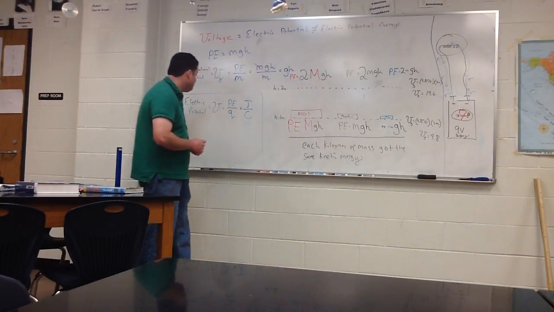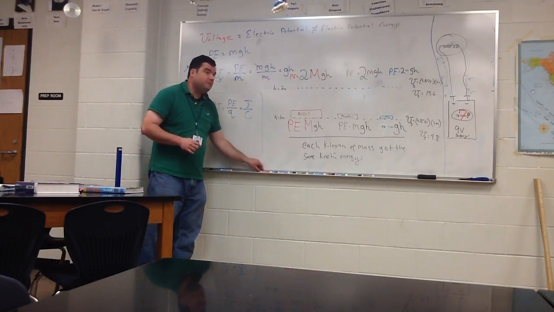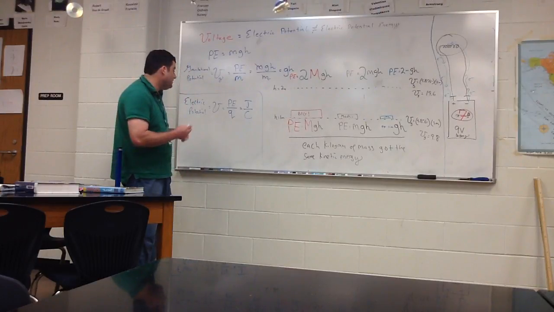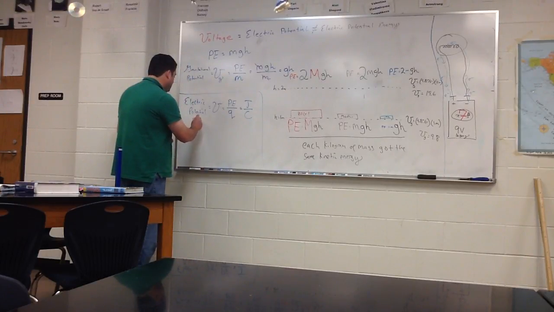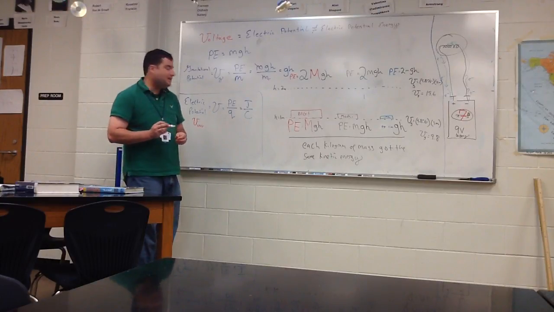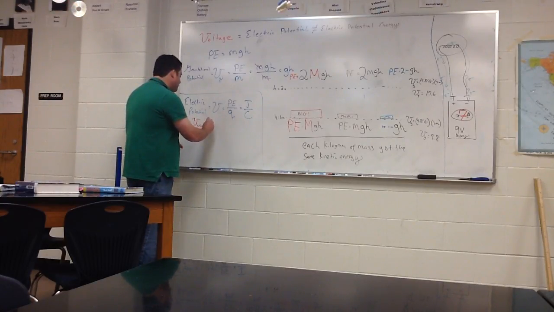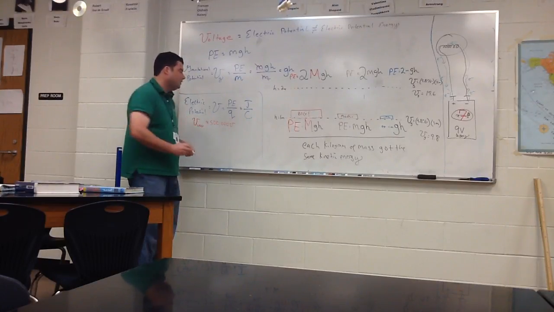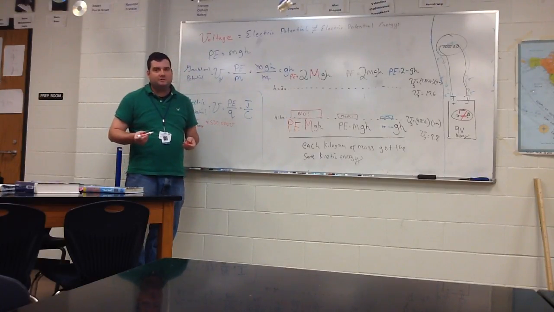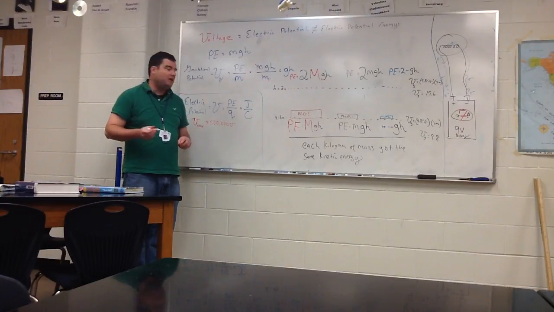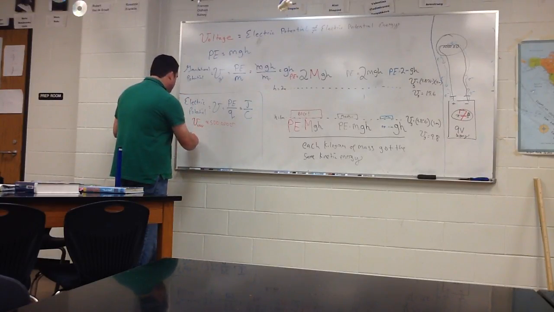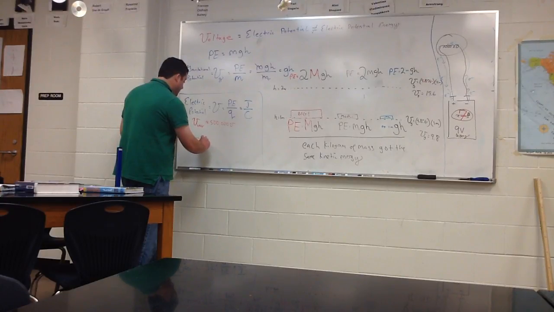One final thing here. Sometimes people are surprised to hear that the Van de Graaff generator, so voltage of Van de Graaff, has about 500,000 volts. But I'm willing to shock myself with it. I probably would not be willing to shock myself with wall current, which is, in the US, 120 volts.